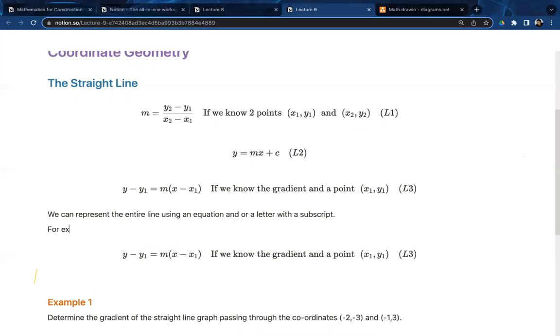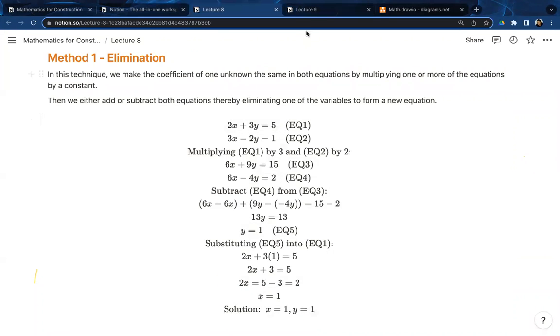For example, so let L1 be the line. Let's take the example equation 2x plus 3y equal 5.